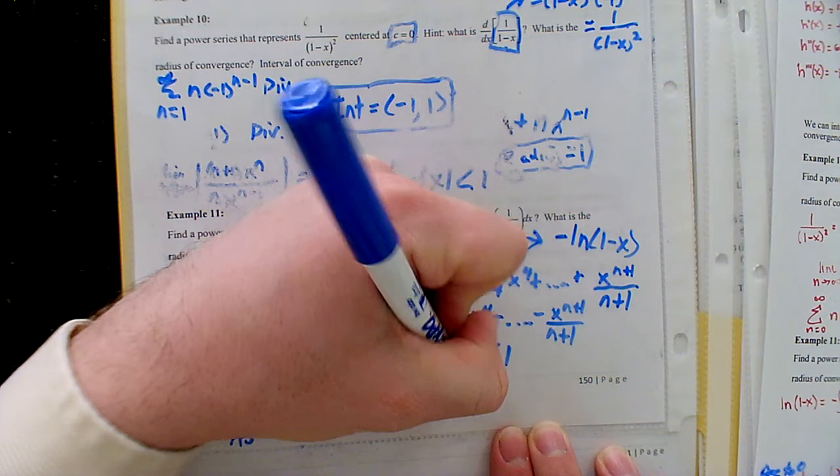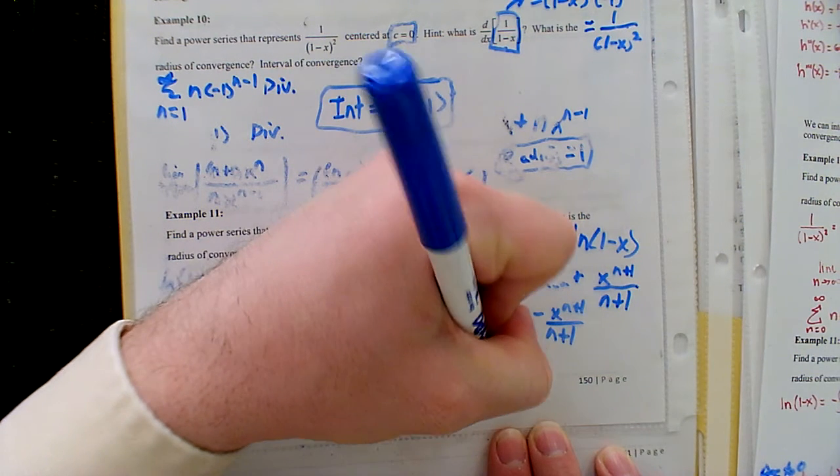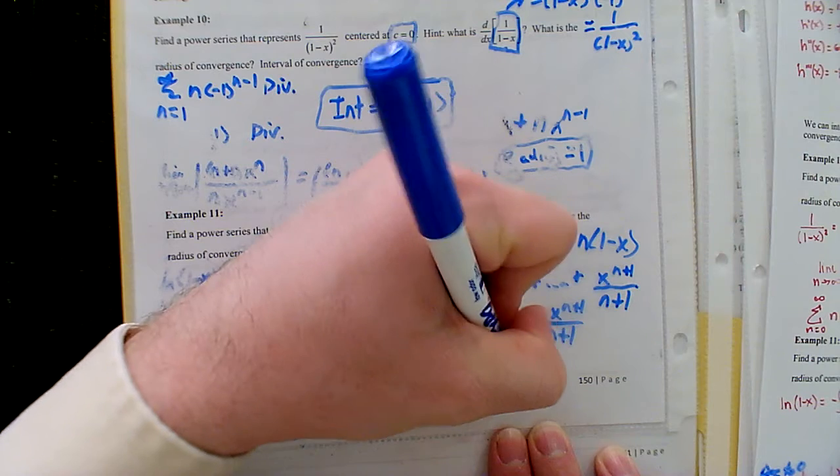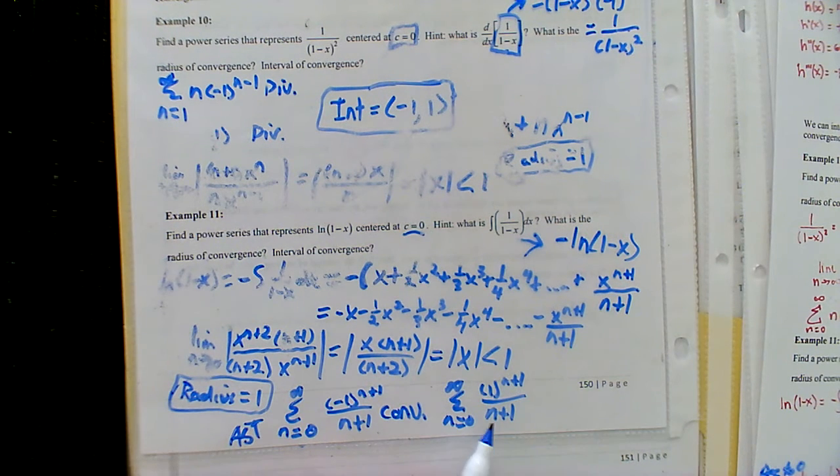All right, let's check the other endpoint. Summation, n equals 0 to infinity, 1 to the n plus 1 over n plus 1. Is that an alternating series? No, you can't use the alternating series test now. So you have to think of other tests that may work.